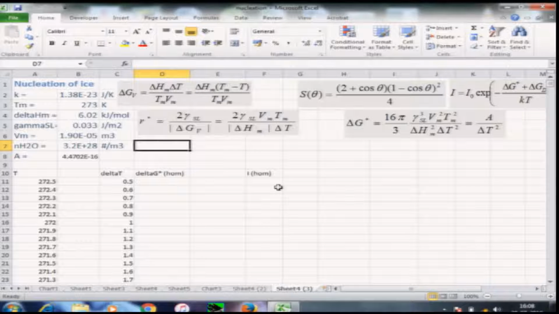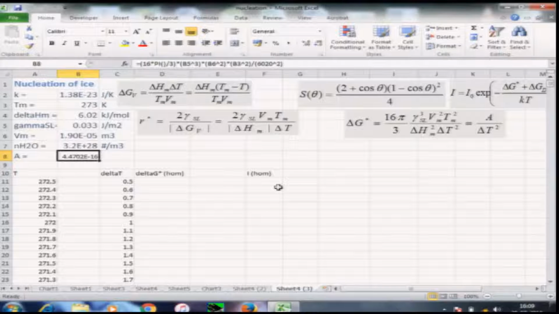Again for nucleation of ice, we will continue to solve for this ice water system. I already have the Boltzmann constant, the melting point, the change in enthalpy per mole when ice nucleates, 6.02 kilojoules per mole, the interface energy 0.033, the molar volume 1.9 10 to power minus 5 meter cube, and so on.